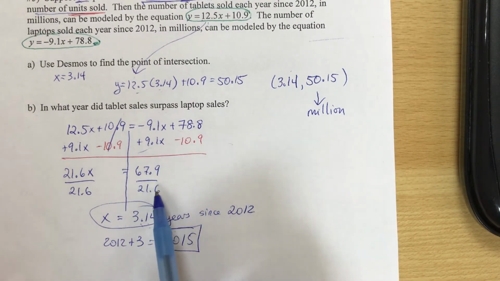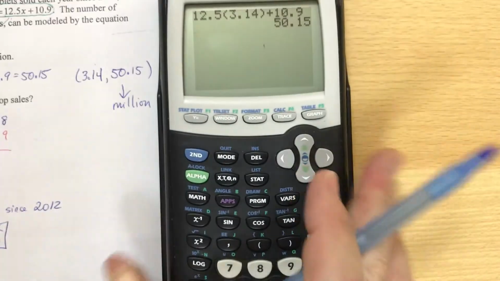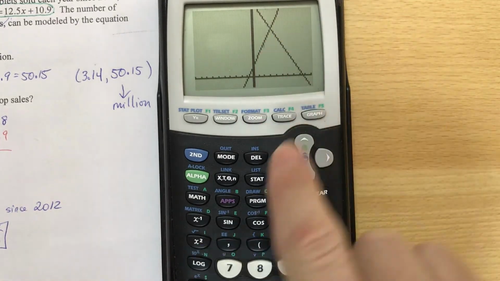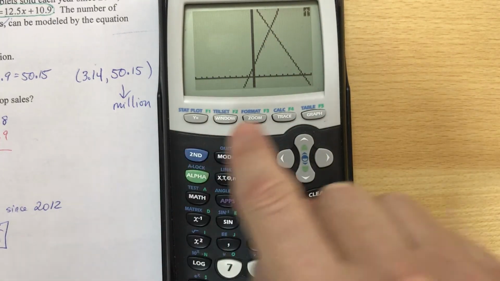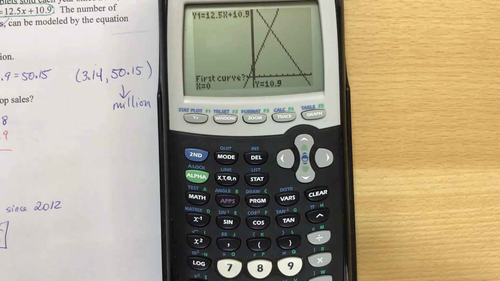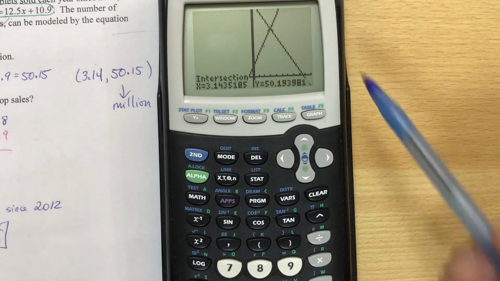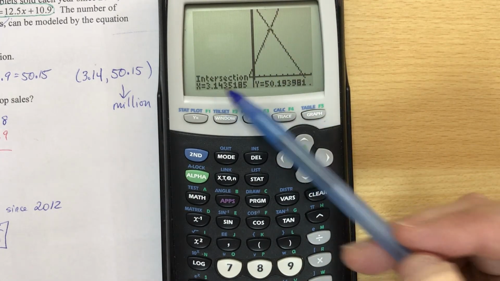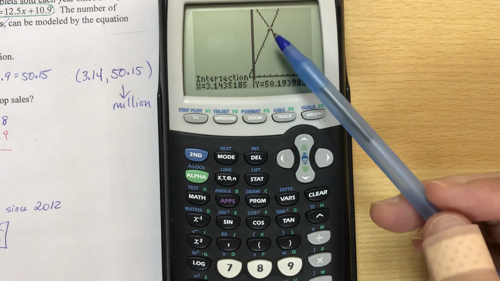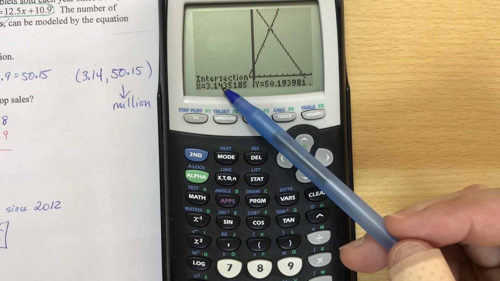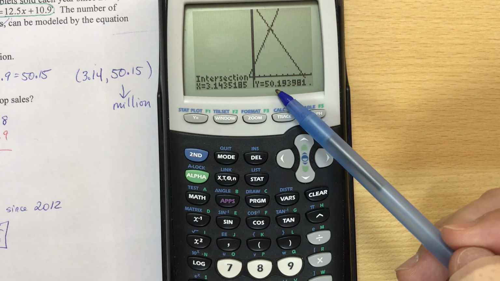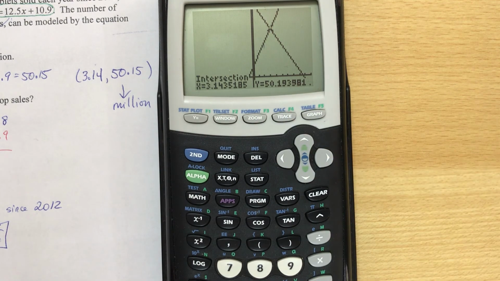So we solved it algebraically, but again, if I was looking here, if I find what's called the intersection point, 3.14, 50.2, that's where they cross. So this is the time, and this is the millions that were sold. And that is the end of the notes.